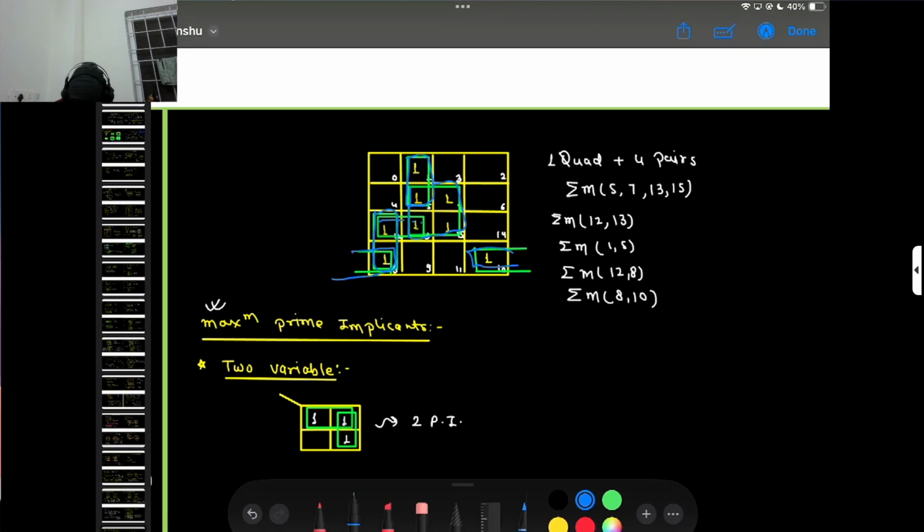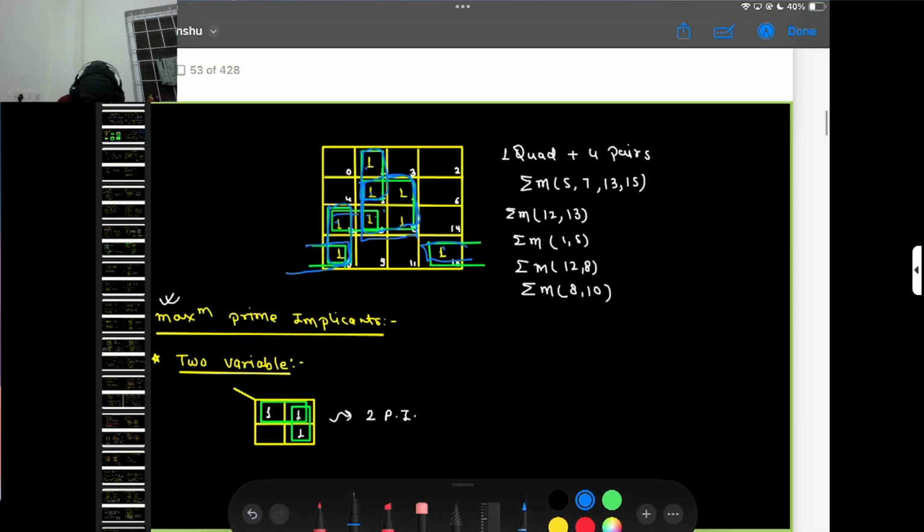So one quad plus 4 pairs: 1, 2, 3, 4, 5. So the total prime implicants are 5. This is also a prime implicant: here 1, 2, 3, 4, and 5.